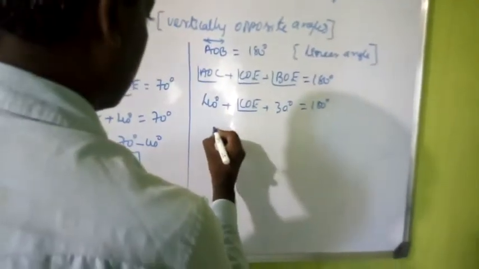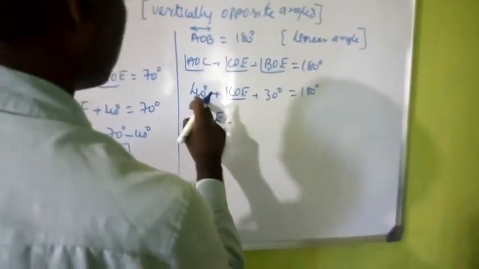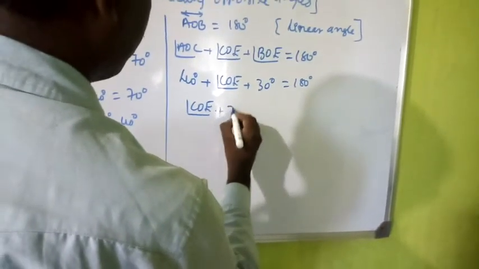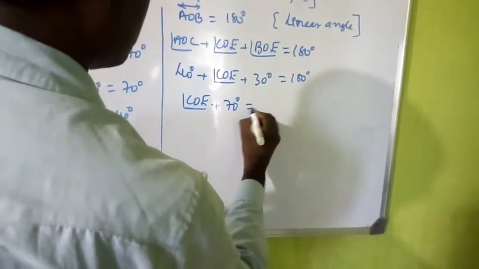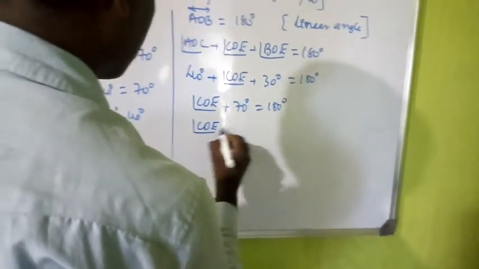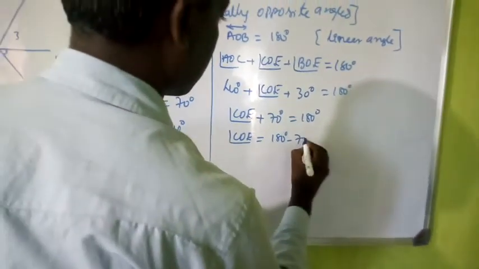So 30 plus 40 plus 30 becomes 70 degrees, is equal to 180 degrees. Angle COE is equal to, shifting to that side, 180 minus 70 degrees.